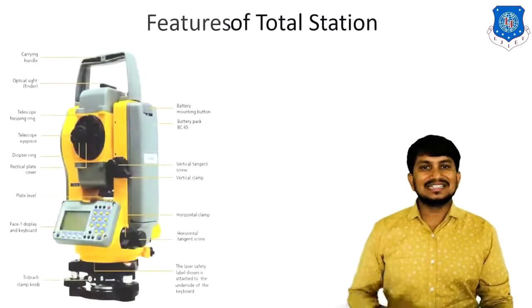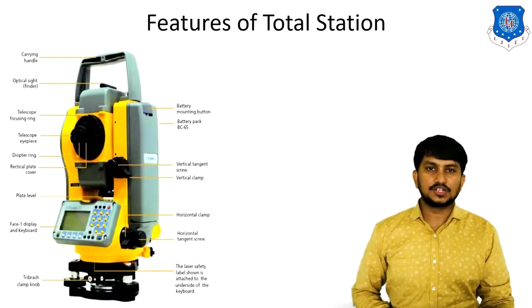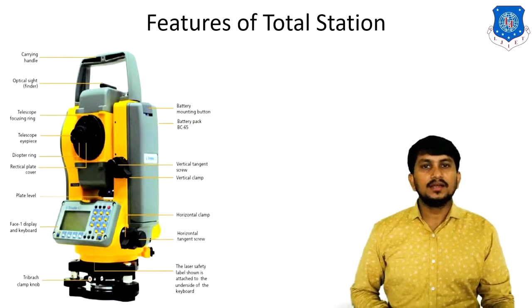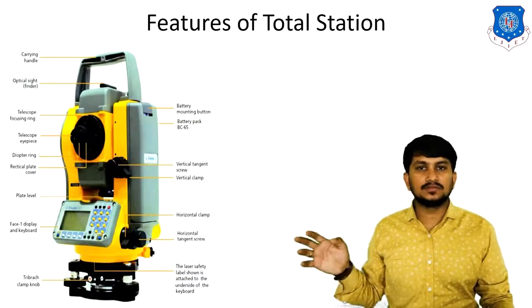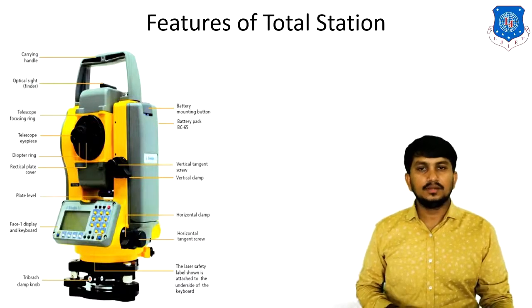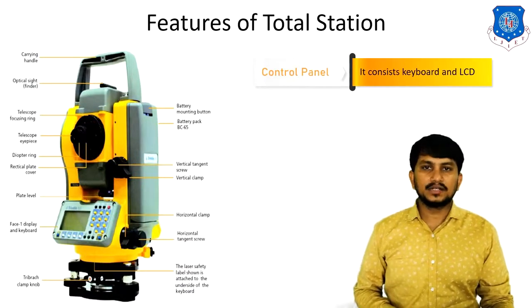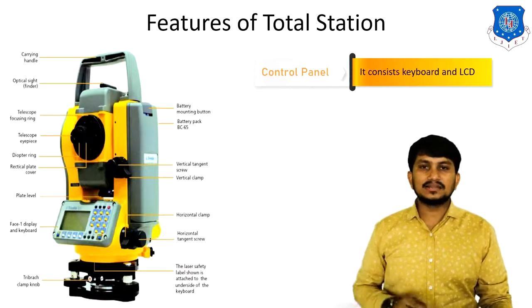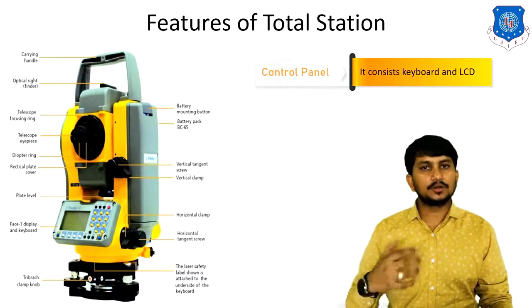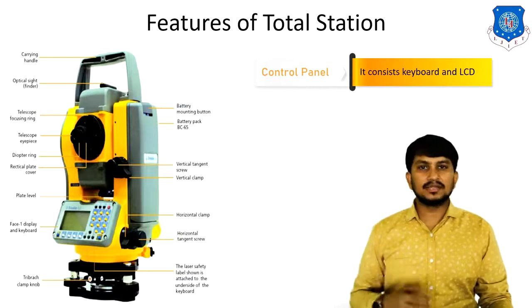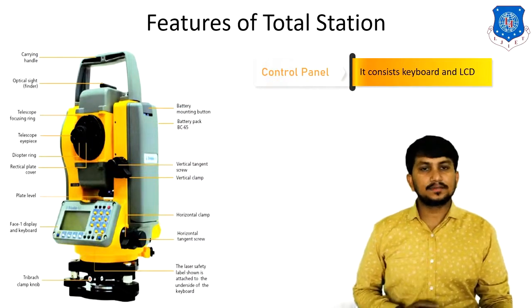Now let's discuss the features of the total station. This is the figure of a total station showing a number of its features. First feature is the control panel. This instrument consists of a keyboard and LCD display to control, take measurements and store the readings.